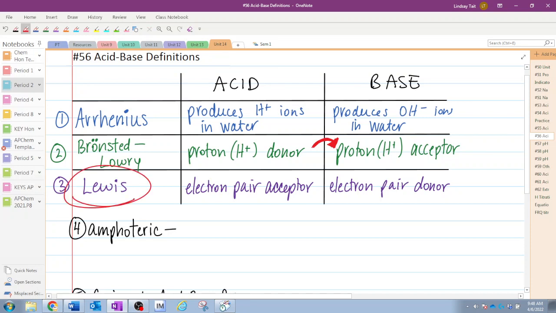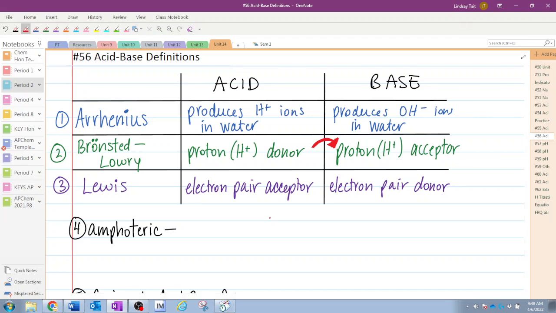I always remember this because isn't Lewis the Lewis dot electrons, Lewis dot structures, Lewis dot diagrams? Lewis was the dot guy, and all of the dots were representing what? Electrons. He's the electron guy. And oh, look, his definition is about electrons. Ha ha. Shocking.